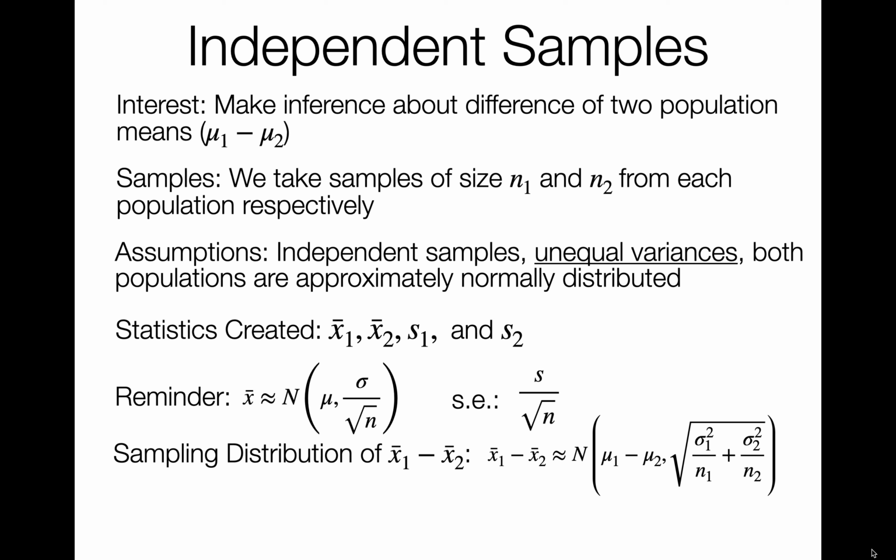It's also normal, and it has, as you would suspect, a mean of mu1 minus mu2, and the standard deviations, you'll see, are just basically added together. When you substitute S in for sigma in the sampling distribution of x bar 1 minus x bar 2, you get this. All right, so this is the unpooled inference part.